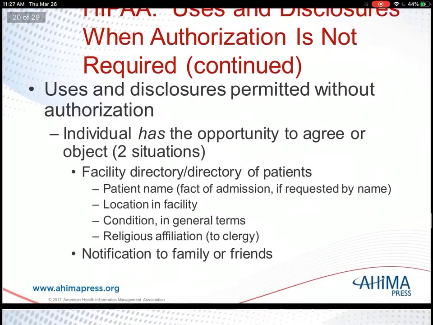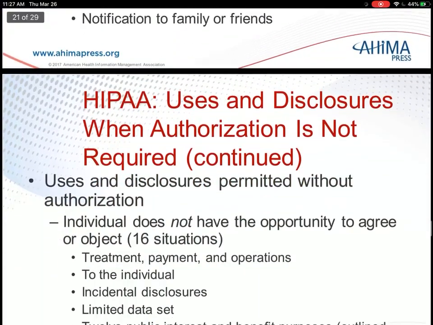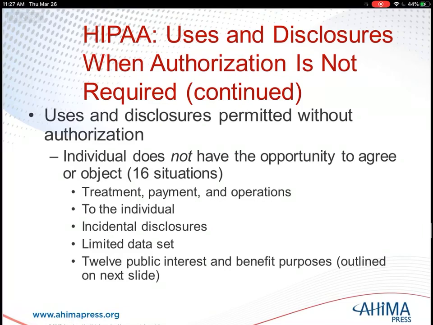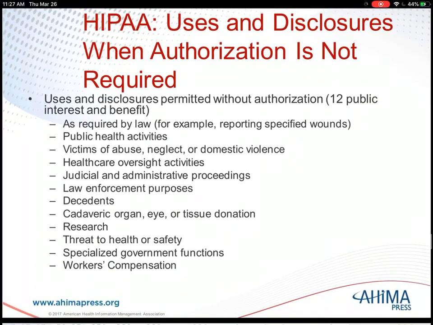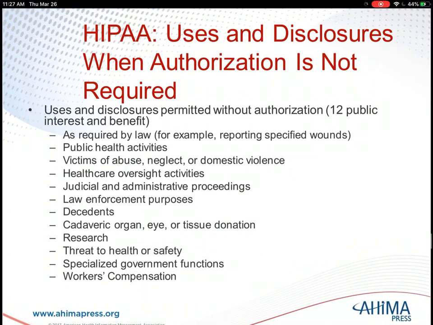All right, so let's talk about each one of these. If we get into the 16, here we go. All right, so here's our 12. So again, national priority purposes, we kind of get into what they call public interest and benefit situations. That's kind of what we're going to call these.